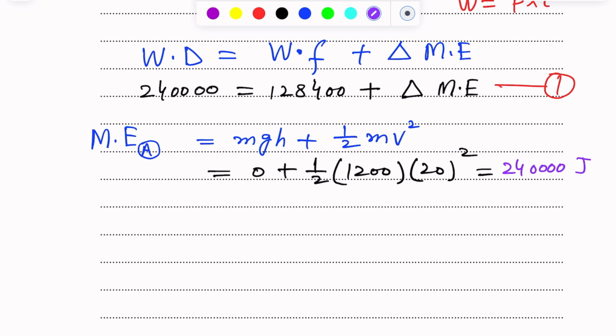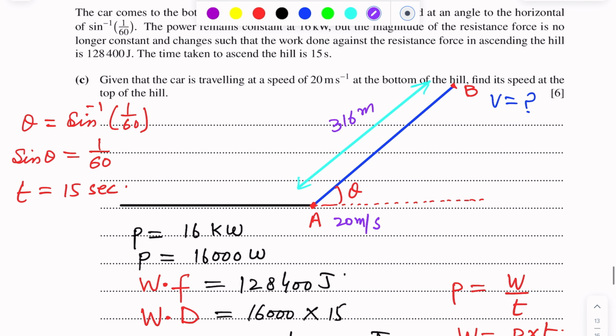In the same way, we will find the mechanical energy at point B. To find the potential energy at B, we need this height. How will we find it? Let this height be h.